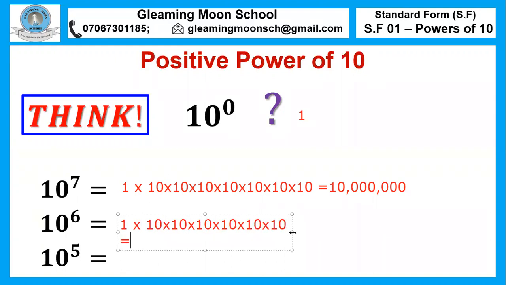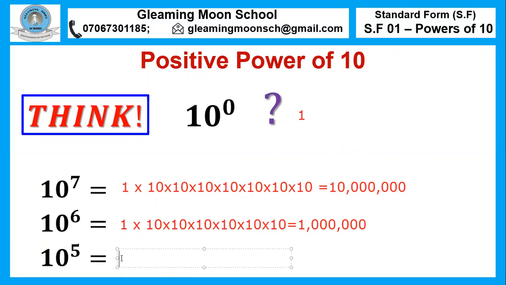And that will give us 1, and we add how many zeros? 6 zeros. Then you count backwards in threes and put your commas. So you can see that is 1 million. So 10 raised to the power of 6 will give us 1 million.